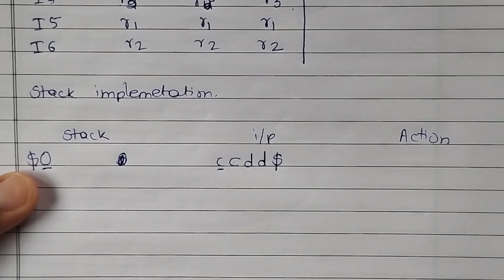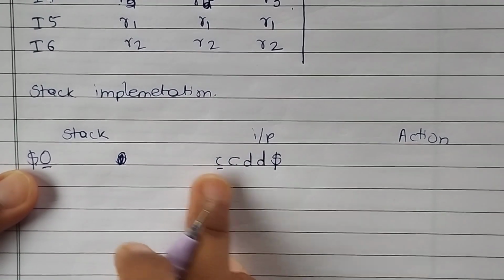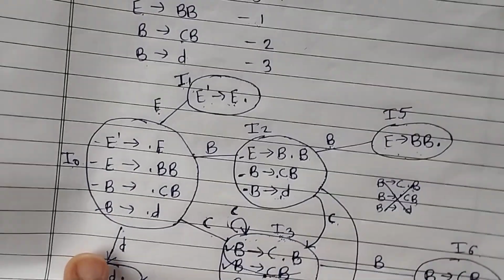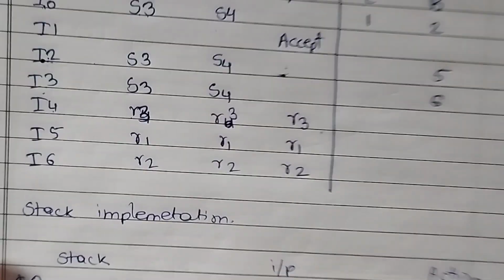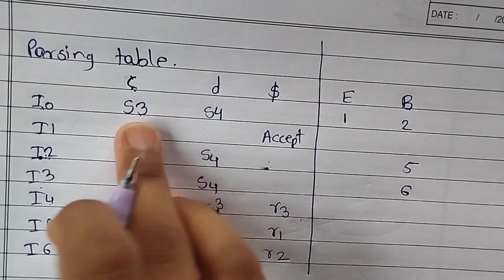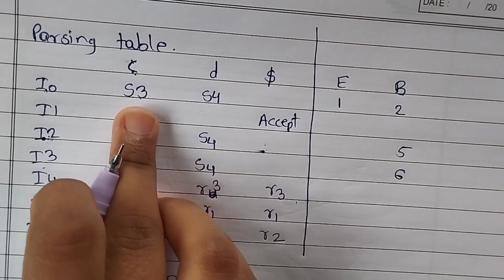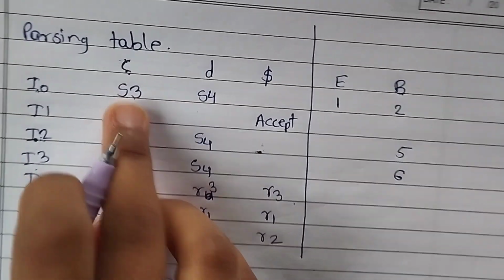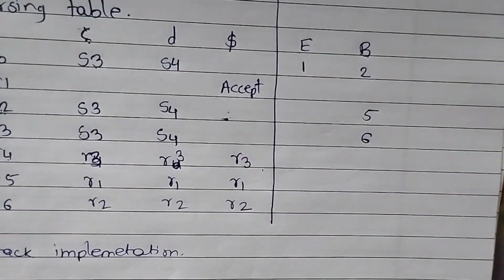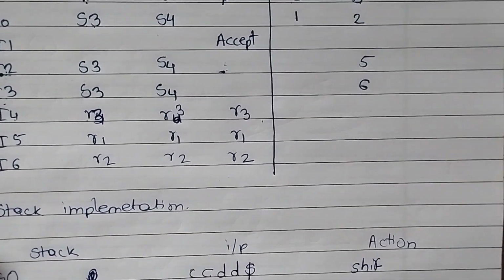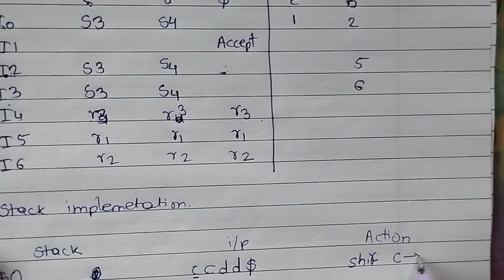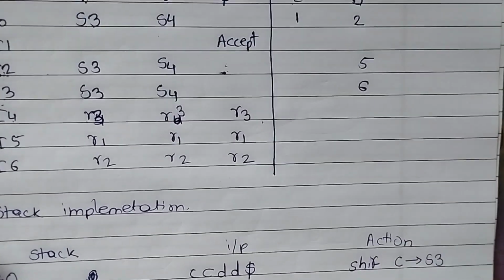So in the I0 state we look for the opening bracket. In the table, I0 state in opening bracket is S3. We perform S3. S3 is nothing but the shift. So what we shift? This opening bracket. So opening bracket shifts with S3.